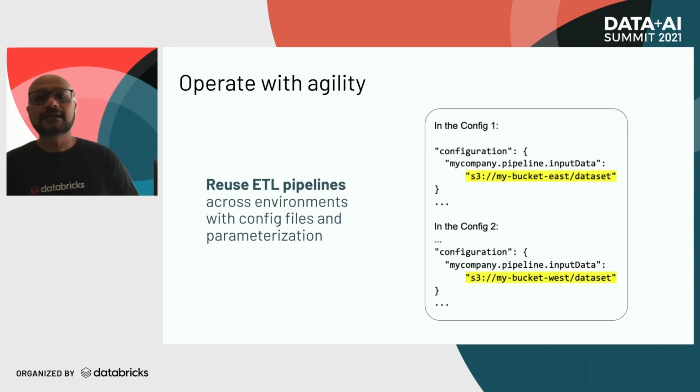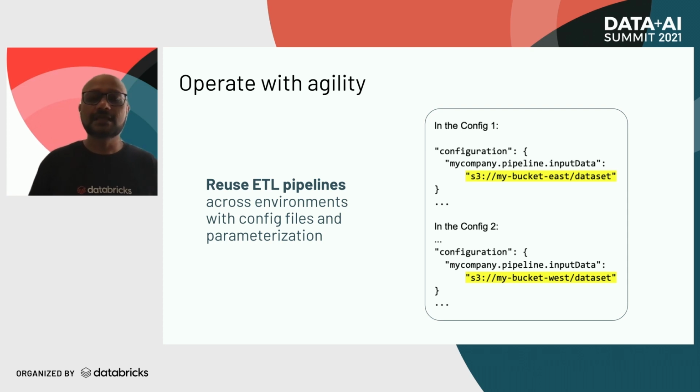Then you can think of Delta Live Tables literally as a template, right? You can instantiate your pipeline with configurations. Using variables, you can take the same code that you have specified for your pipeline and make it dynamic.